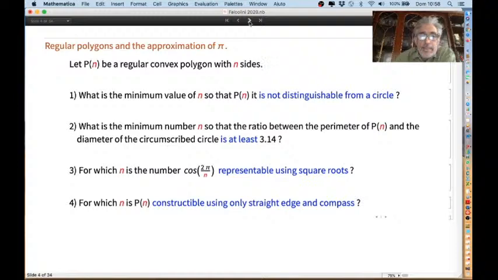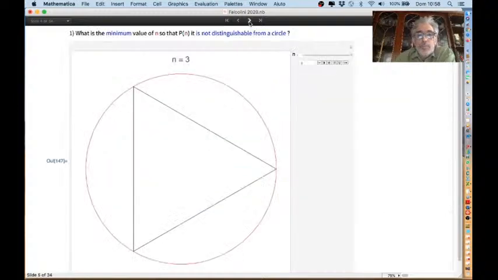Let's start with the first question. In fact, this problem is not well posed mathematically, because first it is not objective, it is subjective in some sense, but also because it depends on the size of the picture.